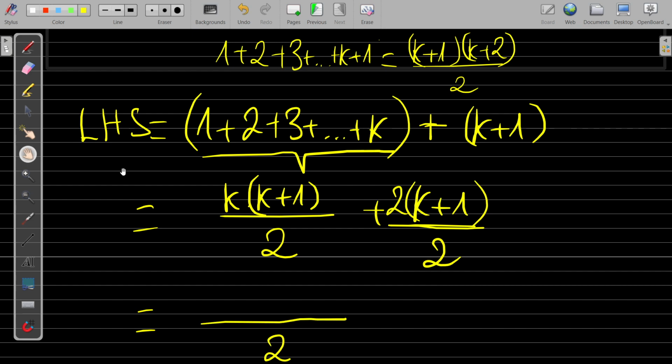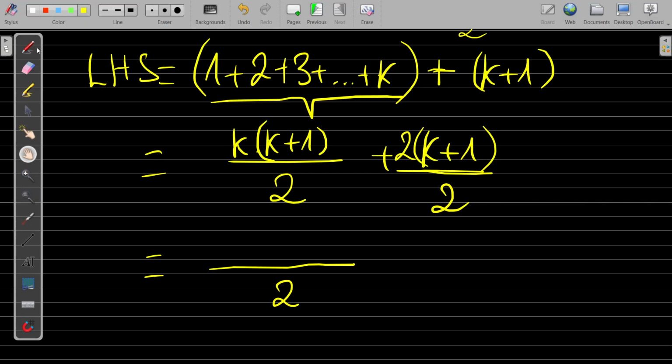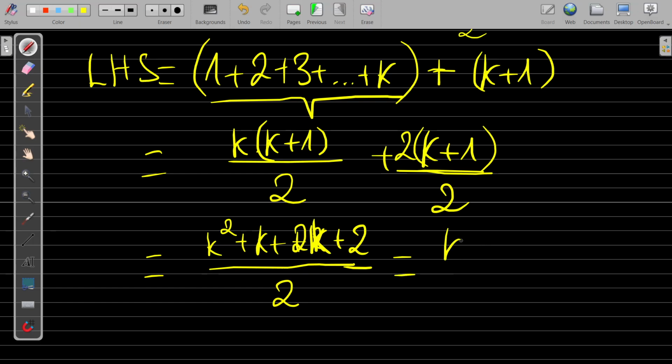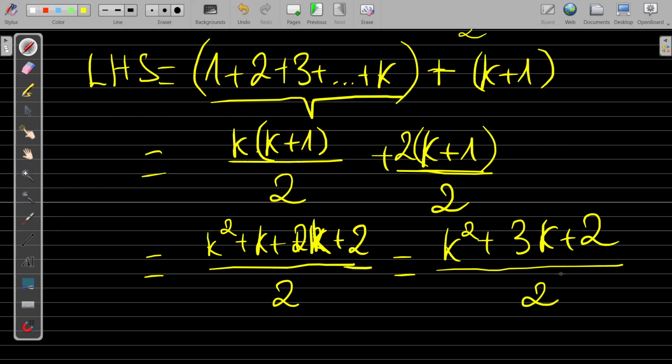Let me just write that out. And what we will have is k squared plus k plus 2k plus 2. And this will give us k squared plus 3k plus 2 divided by 2.